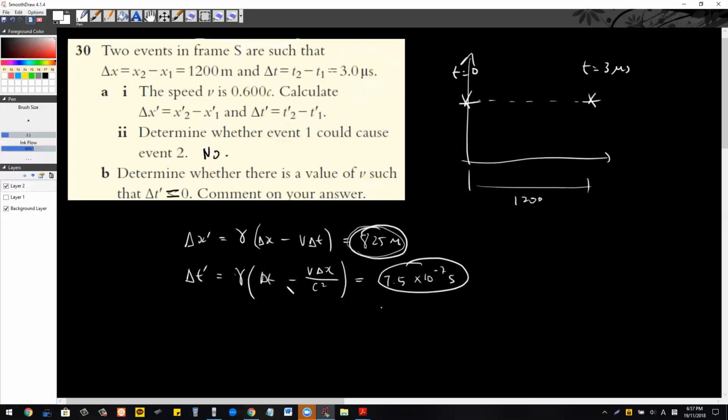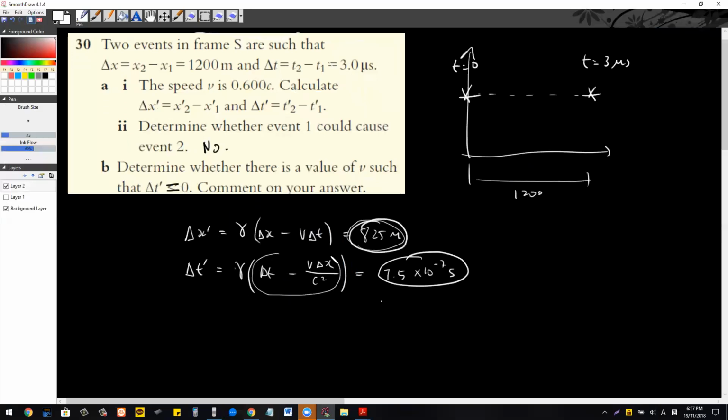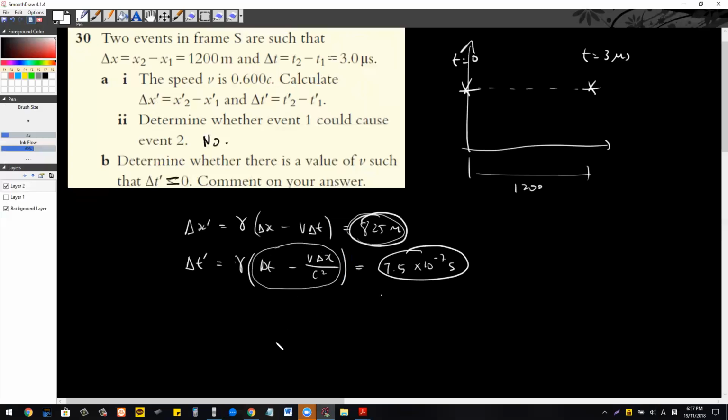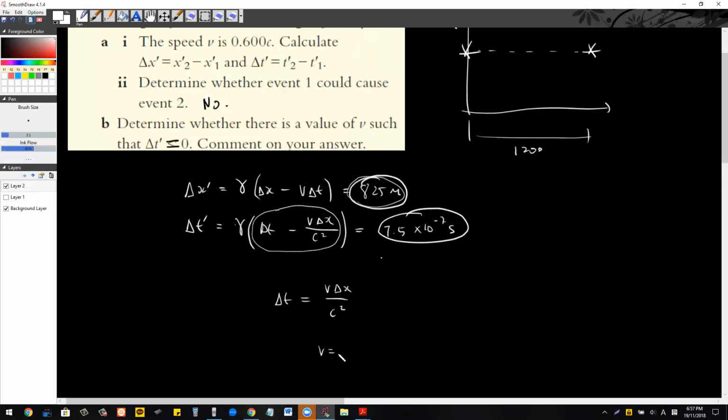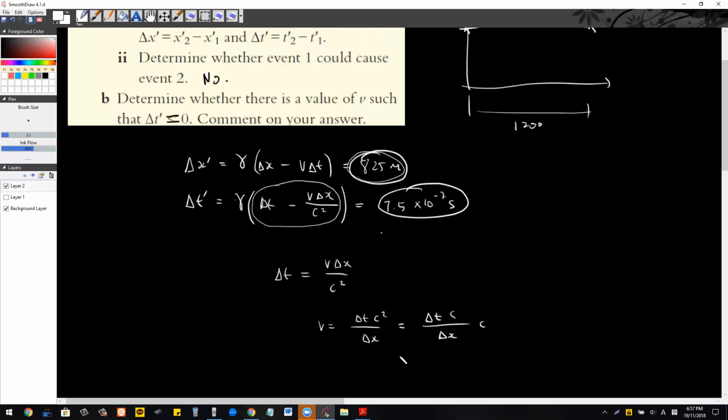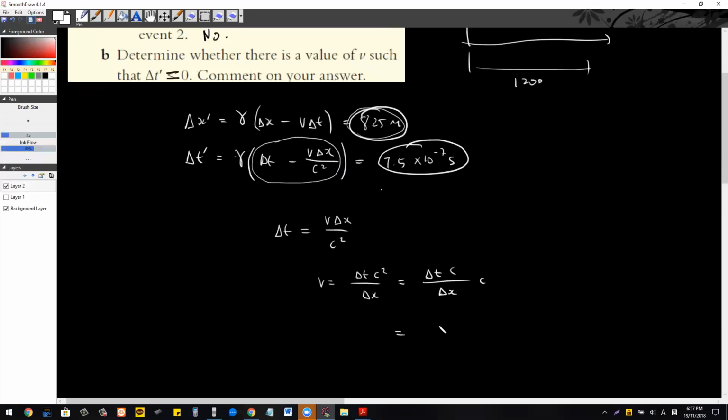Let's have a look. Then this has to be 0, right? So if you have delta t equals v delta x over c squared, then you find that v is equal to delta t c squared over delta x, and this can be delta t over delta x and then c. I actually didn't use this method before.